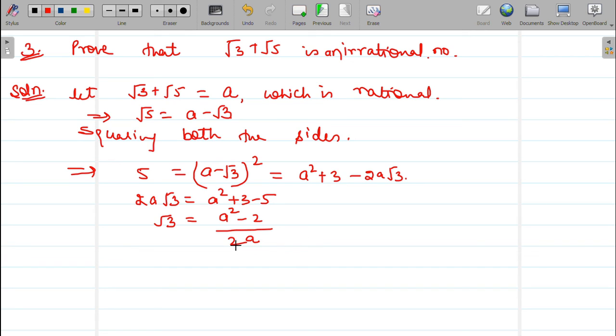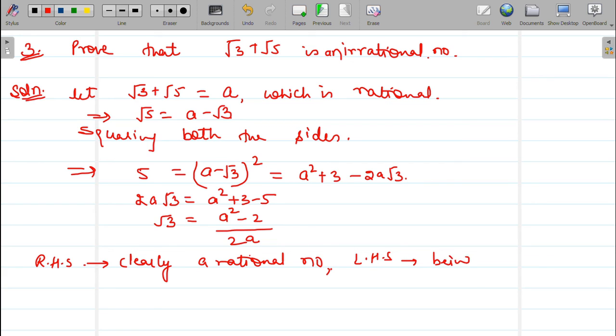Right? So now the expression on the right hand side, again we can see, is clearly a rational number, but the left hand side, being the square root of a prime number, is irrational.